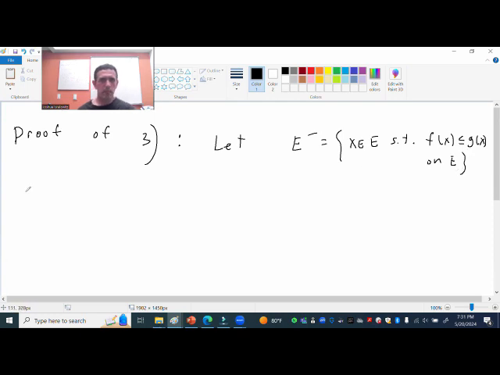So by definition, this is going to have measure 0 because F is less than or equal to G almost everywhere on E.